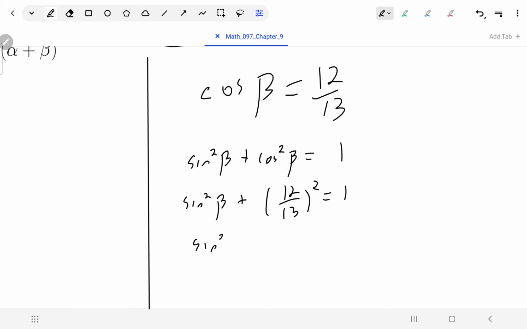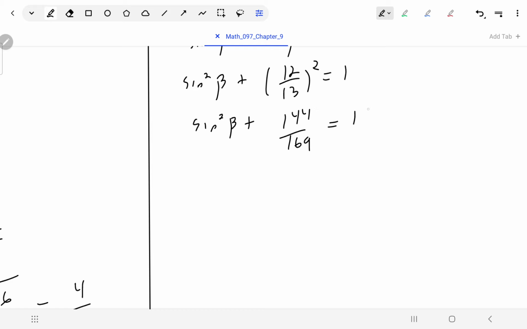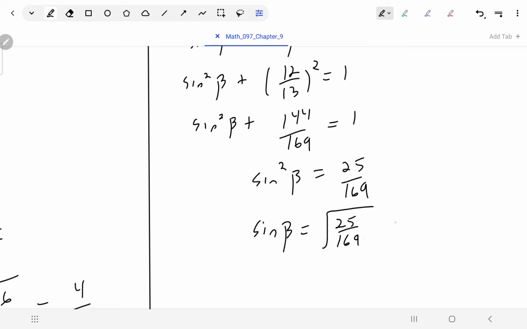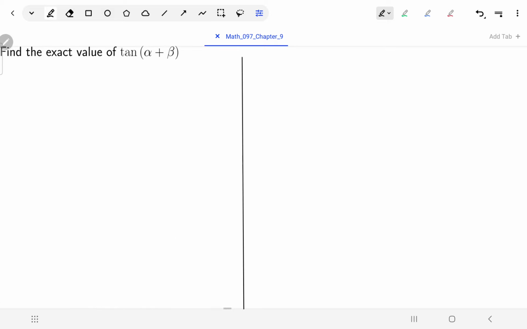So I have sine squared beta plus 144 over 169 is equal to 1. And then same as before, I'll bring that 144 over 169 to the other side. And I have sine squared beta is 1 minus that, which gives me 25 over 169. And same as before, alpha and beta, they're both in quadrant 1. In quadrant 1, everybody's positive. So I know sine of beta should be positive, which means I should be taking the positive square root. And I have root of 25, which is 5, over root of 169, which is 13.